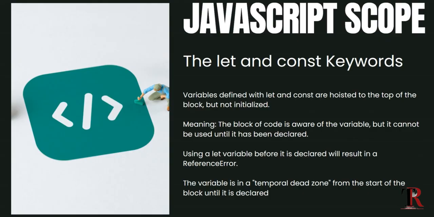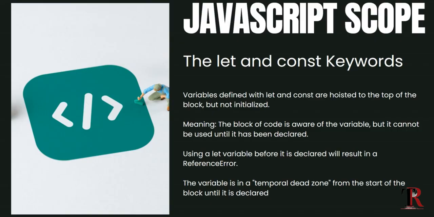So when you declare a variable and give it a value, or maybe you have not given it a value, JavaScript will move that to the top of your code block. When it's time for execution, since JavaScript is aware of this code, it will start executing from the top down.